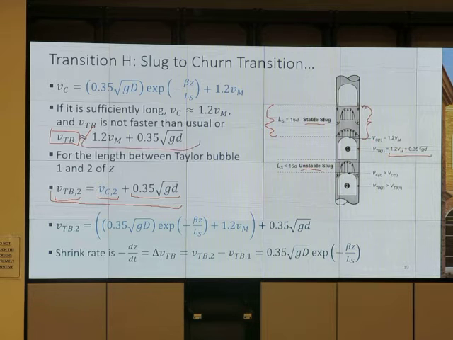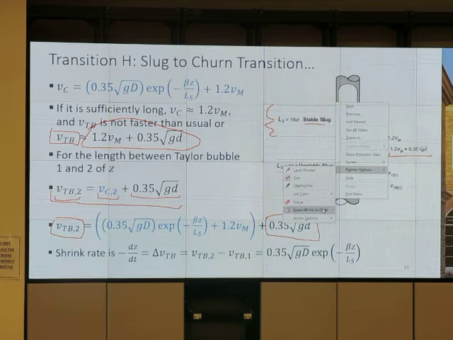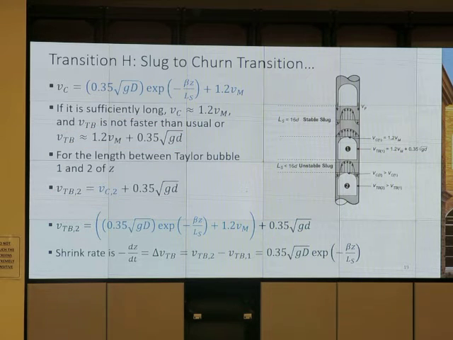This term is VTB1. Now let's take a look at this equation. What is VTB2? VTB2 is center line velocity plus a little bit of drift velocity. You agree? Center line velocity plus a little bit of drift velocity. Okay. What is center line velocity?